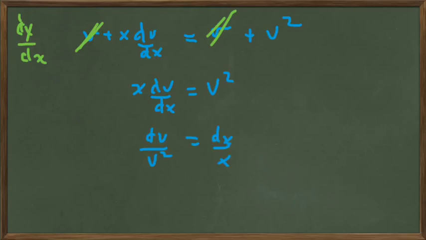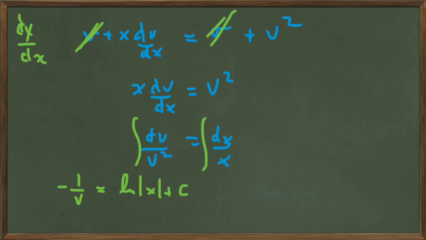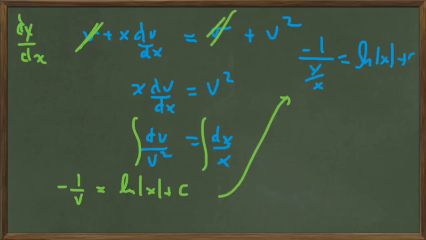Then we're going to integrate both sides of the differential equation, and when we integrate the left side we get minus 1 over v, and when we integrate the right side we get ln of absolute x, and then we're going to replace v with y over x. The right side is not going to be any different, still ln absolute value of x plus c.